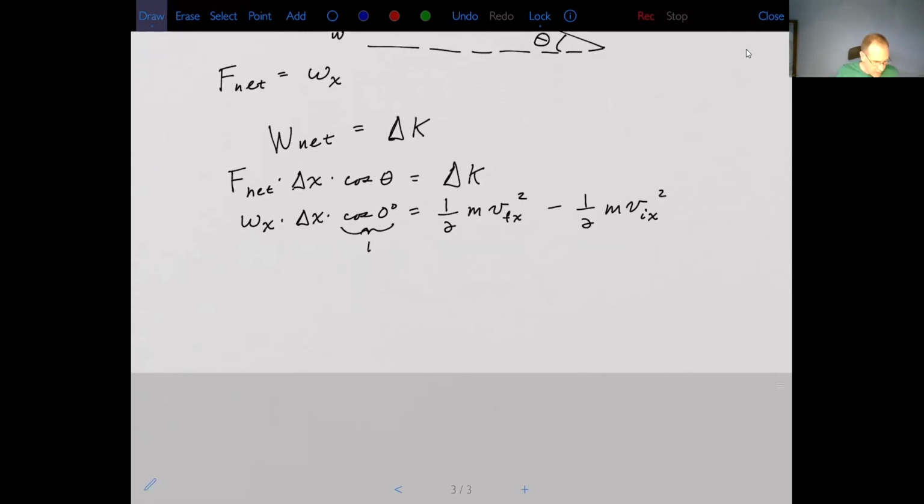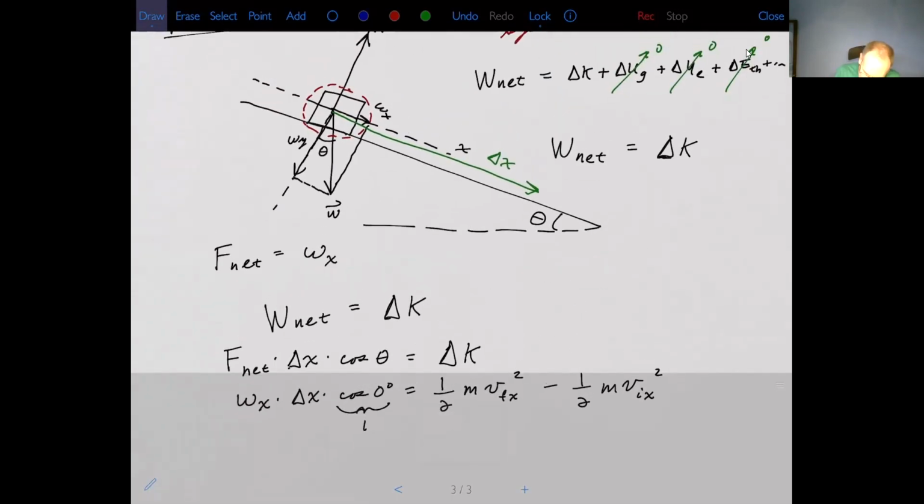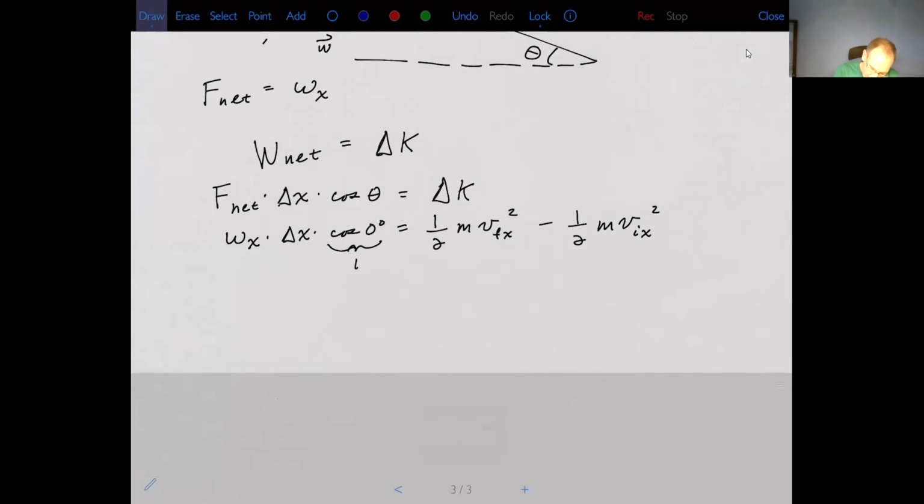Wx, if you look at the picture here, is opposite the angle, so Wx is going to be mg sine of theta. So this is just mg sine theta delta x, and that equals 1/2 m v final in the x squared minus 1/2 m v initial in the x squared.